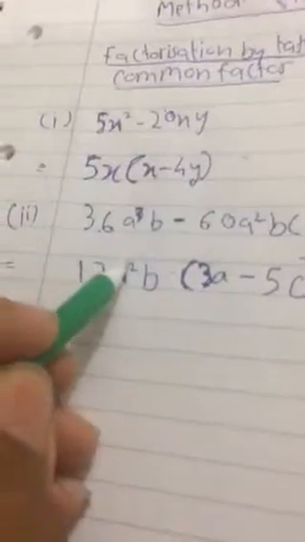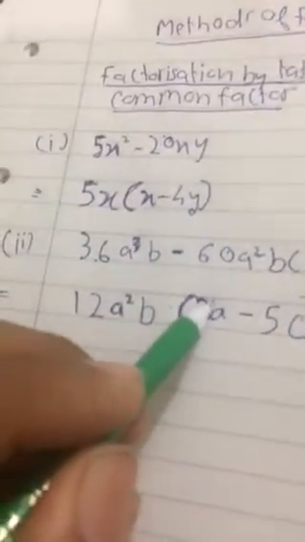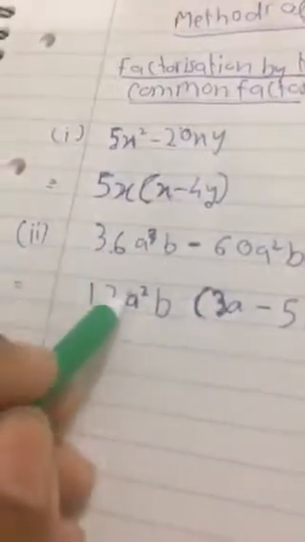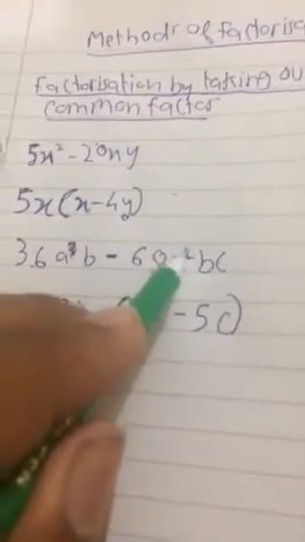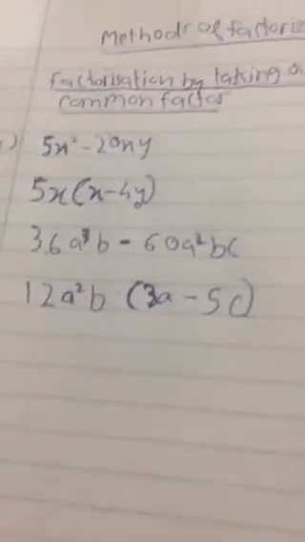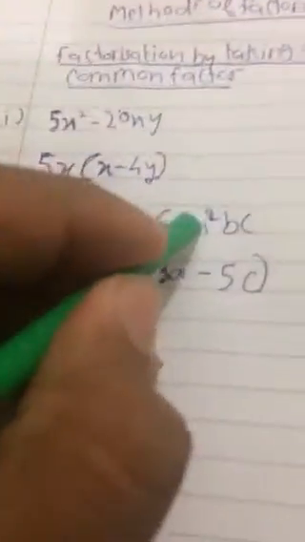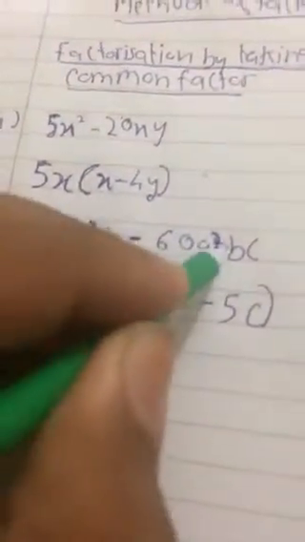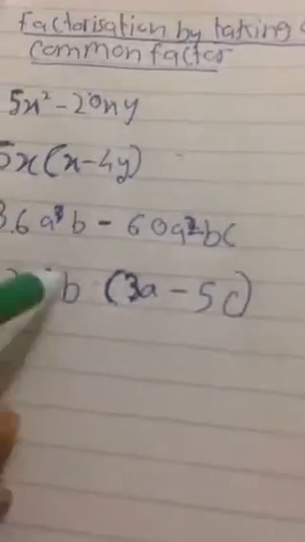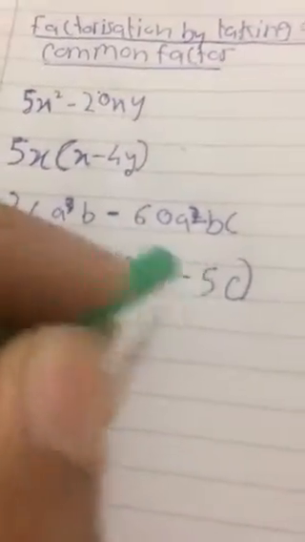If I take a cube over here, it will be alright with the first term, but there is not a cube in the second term, which is 60a square b. There is a square. If there was a cube in this case, then I could have taken a cube b. But as there is only a square bc in this case, I am taking 12a square b, 3a minus 5c.